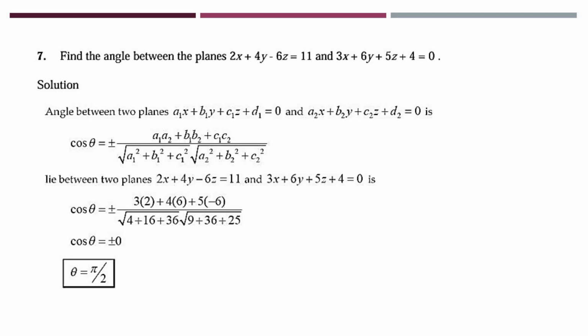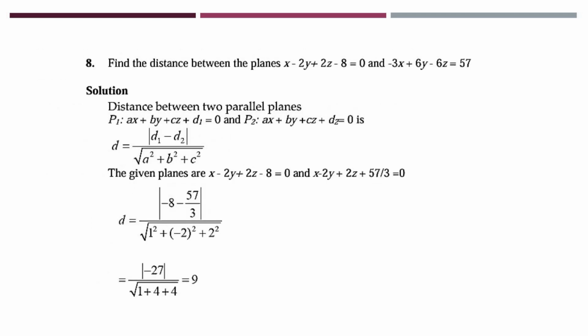Substitute these two plane values in this formula. Finally, we get cos theta = plus or minus 0. So theta = pi by 2.